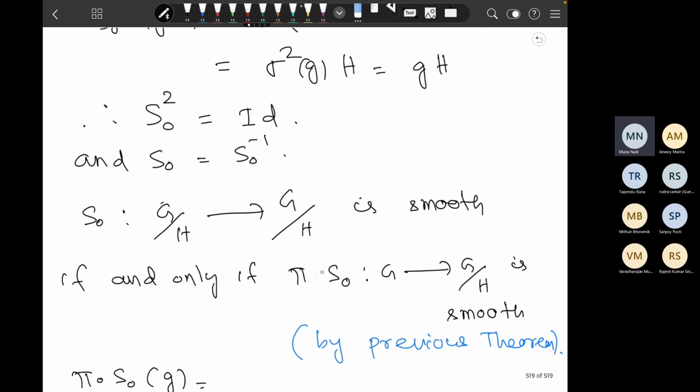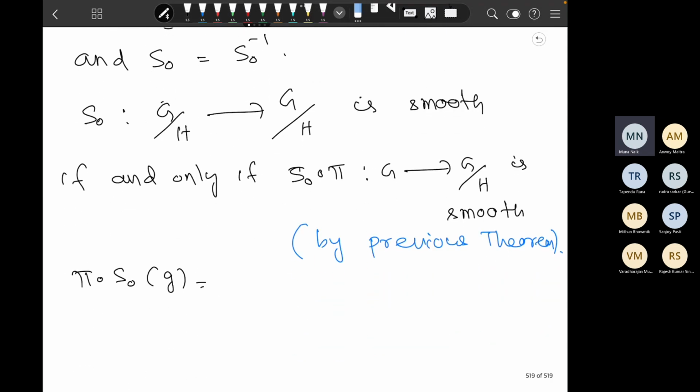Sorry, this is not pi composition S_o, this is S_o composition pi of g. This is really S_o of pi of g, and pi of g is really gH.